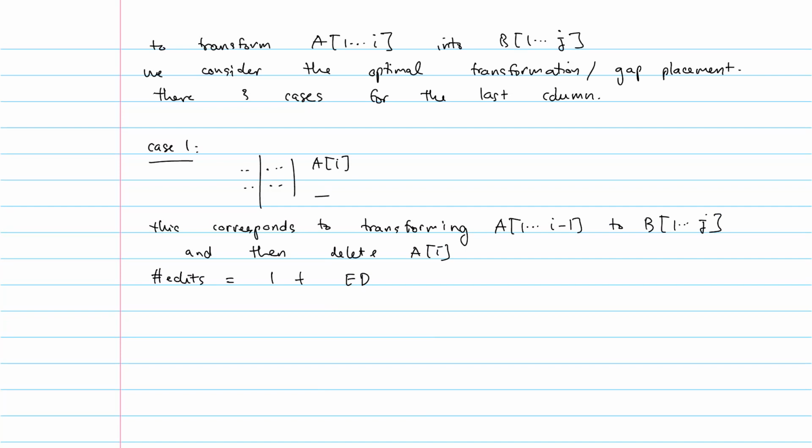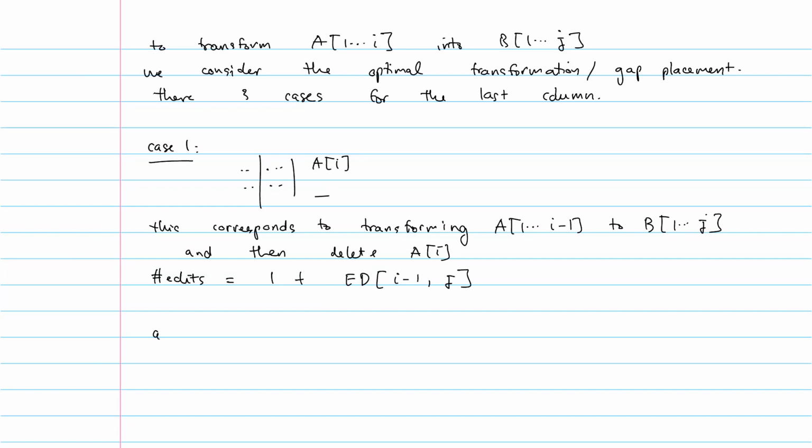So that would be the edit distance between these two strings. So that would be ed of i minus 1 and j. Alright, so that's the first case.